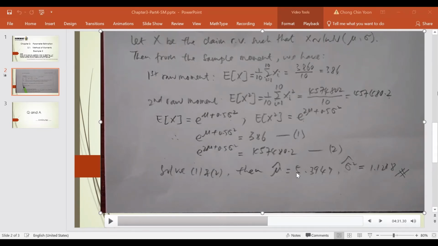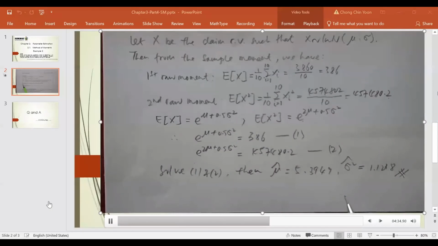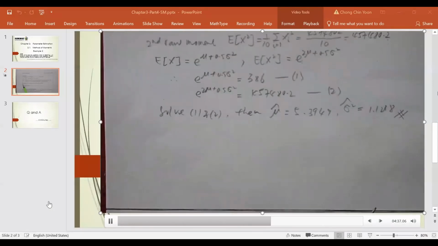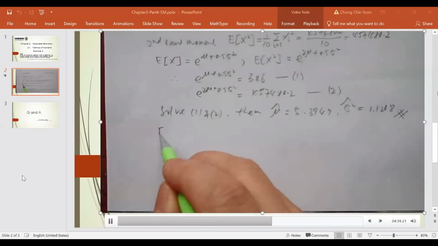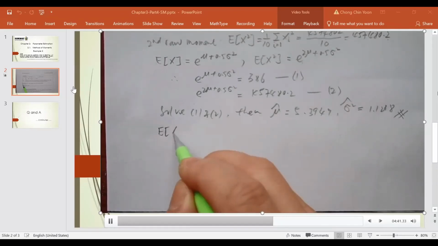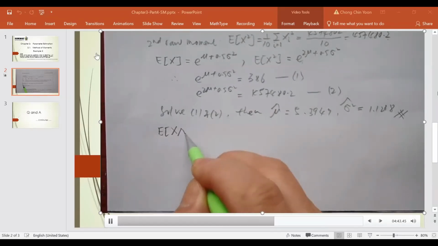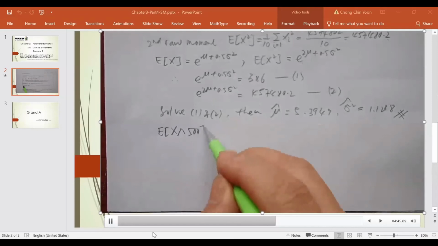Okay, so we found the parameters mu and sigma now. And now we can go further for this question. Having these parameters, we can calculate the limited expected value of this random variable at 500.